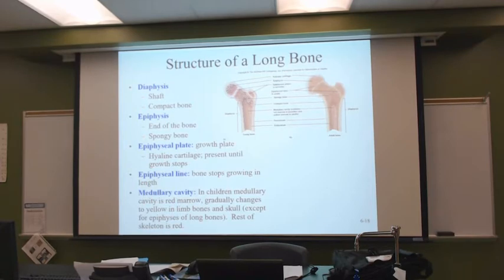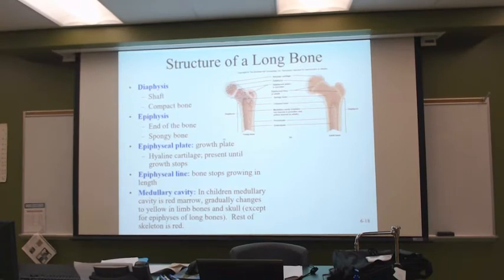Now, what that's important for: babies, when they get here, are mostly cartilage, meaning this has to harden and it has to grow. One area that really allows for lengthening of the bone is what's known as the epiphyseal plate.